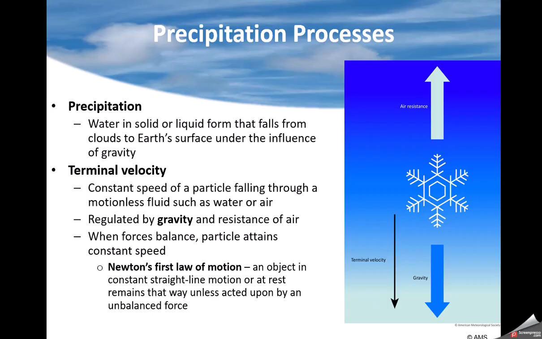So when they fall, gravity is going to pull them down like it pulls us towards the ground. And there's friction of the air, and they're going to reach what we call a terminal velocity. They can't go any faster than that point. That's because there's a balance between the gravity pulling them down and the friction of the air pushing them up.